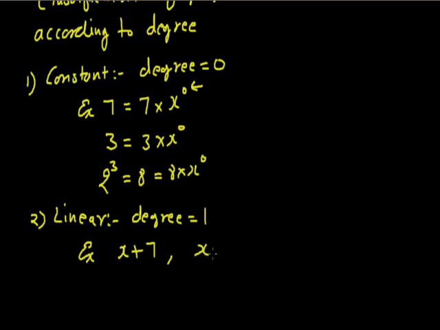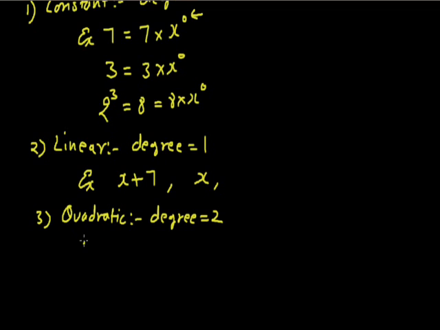Now the third one, quadratic polynomial. In a quadratic polynomial, the degree of the polynomial is 2. For example, x square plus 5x plus 6. Here the highest power of the variable is 2.